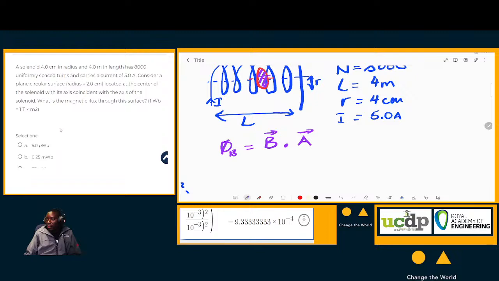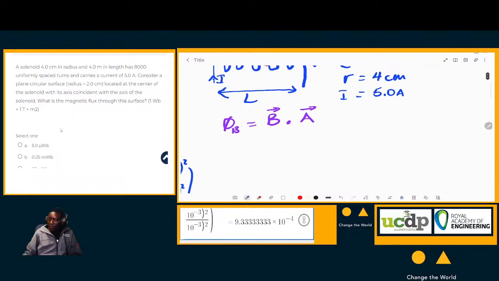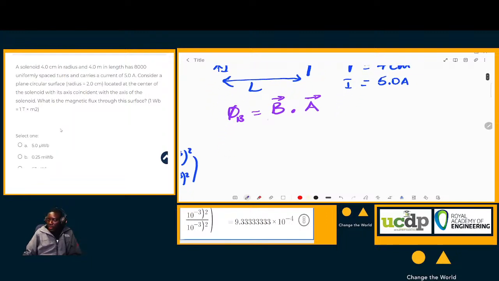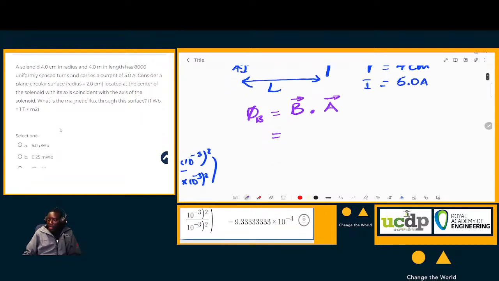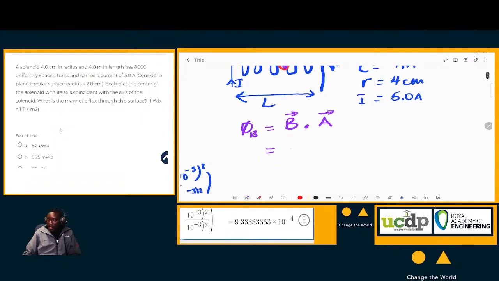So the normal, in this case, faces that direction, our normal area vector. So if that's cos 0, that's 1. So it means we just have magnitude of B, magnitude of A. And what is B? B inside the solenoid is given by mu naught N I over L multiplied by the area. So this is the area of the circular plane surface, which is pi times R squared.